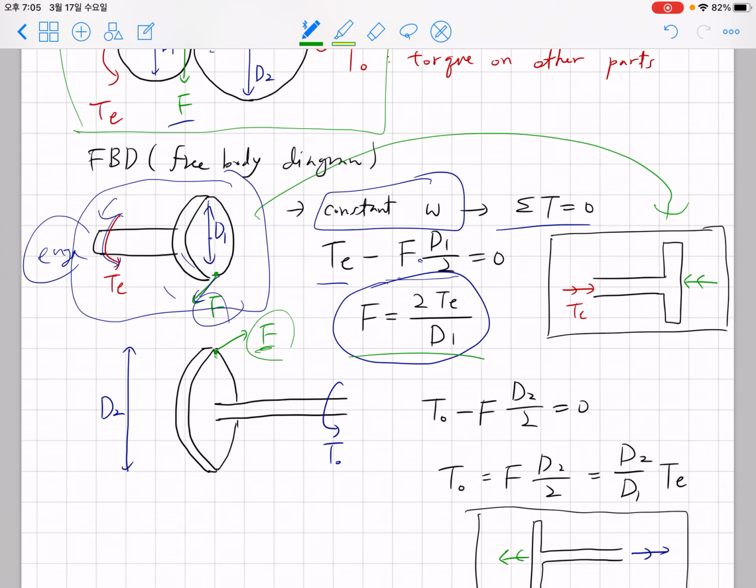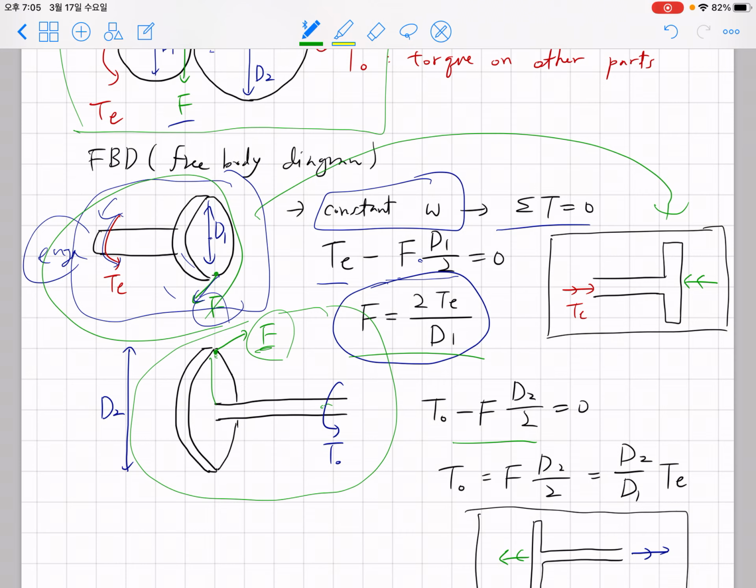Okay, and due to this force, what you can expect is there is a torque F times radius, which is D2 over 2. And of course, if the angular velocity of this guy is constant, the angular velocity of this guy is also constant, which means that to deliver the power to the other part of the system, as a reaction, the other part of the car will have torque on the shaft.